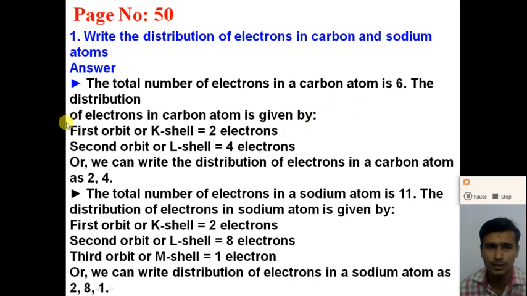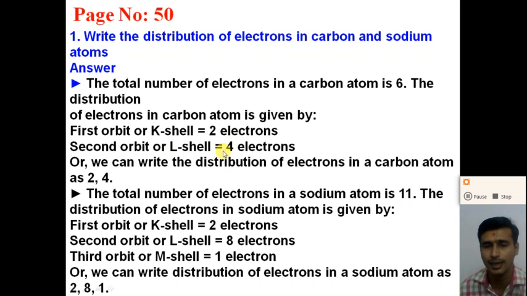So the distribution of the electrons in the carbon atom is given as follows. In the first orbit, or K shell, the maximum capacity is 2 electrons. In the second orbit, or L shell, the capacity follows 2n squared. If n is equal to 1, we get 2 electrons in the first orbit.